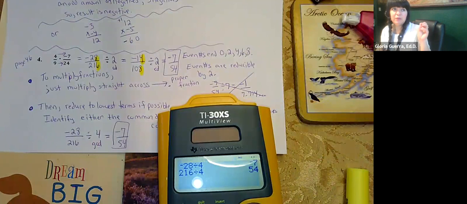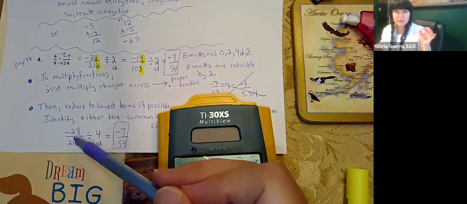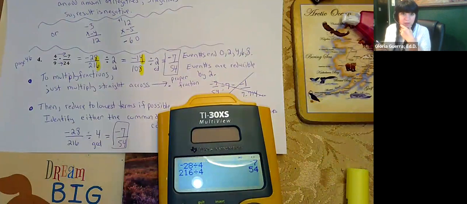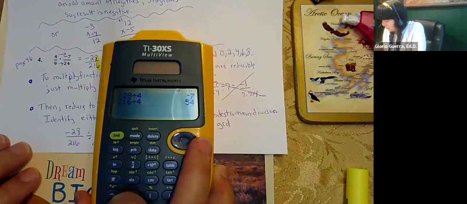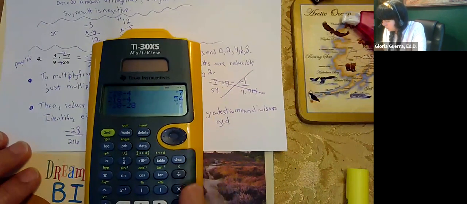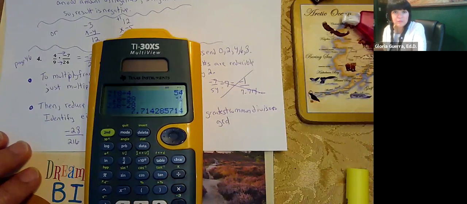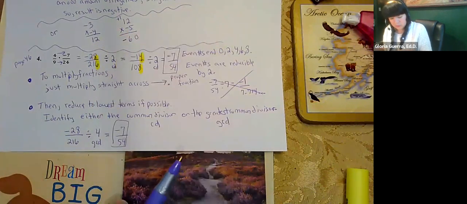Sometimes it might be the smaller of the two, but in this case, that wasn't going to happen. When I do negative 28 divided by 28, yes, that gives me negative 1. But when I do 216 divided by 28, I get a decimal, so that cannot happen. That's your result for that.